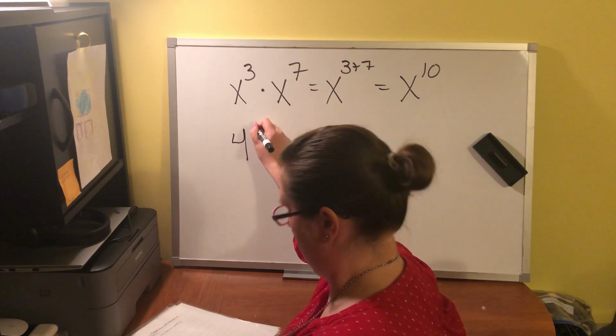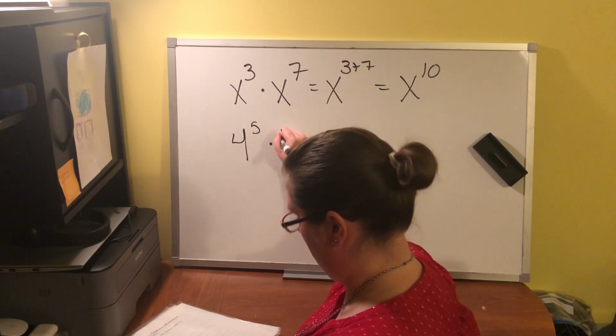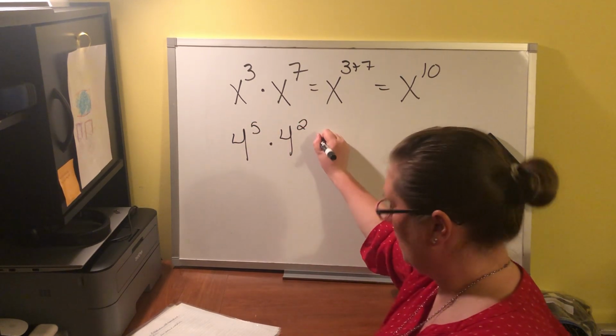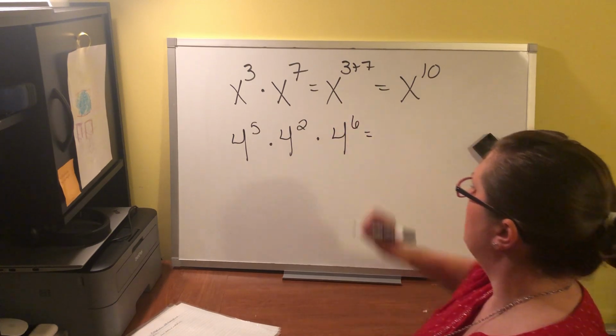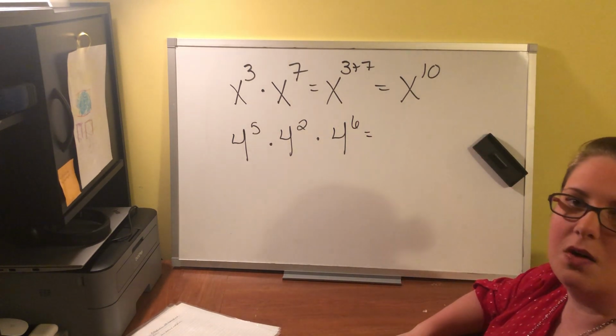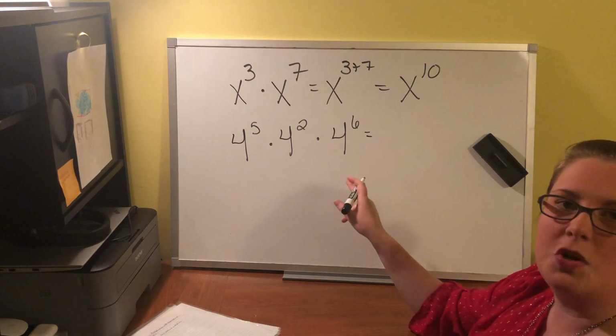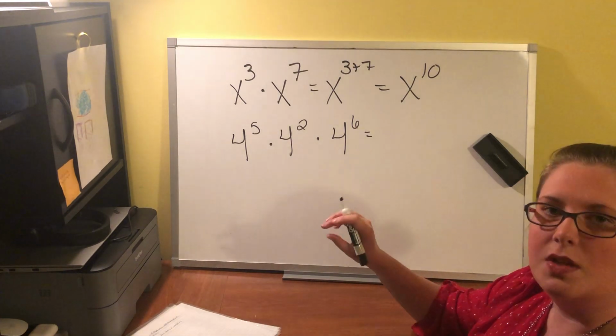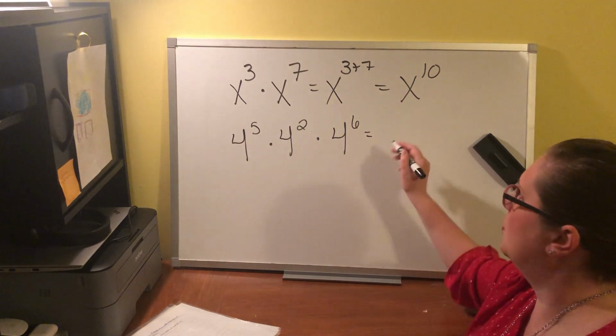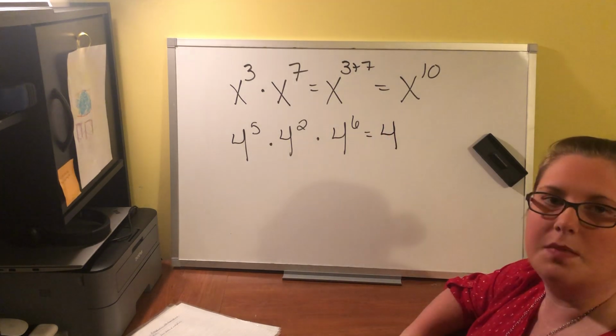Let's look at 4 to the 5th power times 4 squared times 4 to the 6th power. So first thing you're going to check, is it all multiplication? Yes. Do they all have the same bases? Yes. Each one of those is 4. So keep the base of 4.